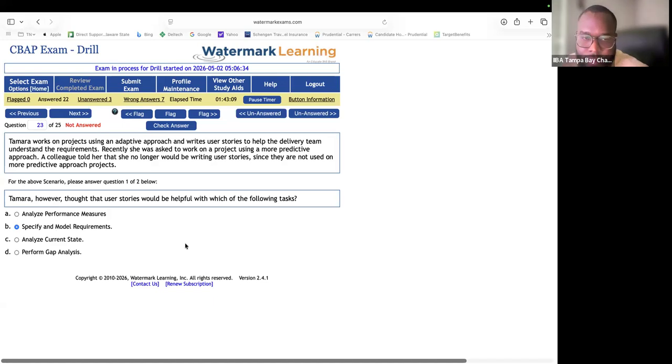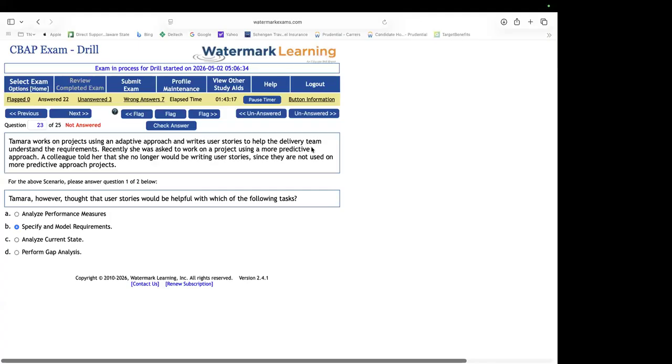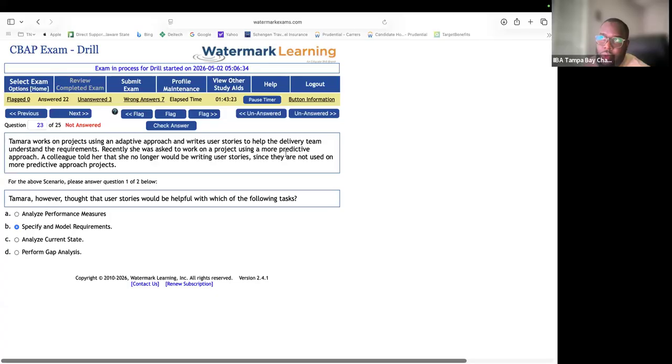Adaptive approach and also the last requirements. So do you have a different opinion than B? It's more predictive, required.